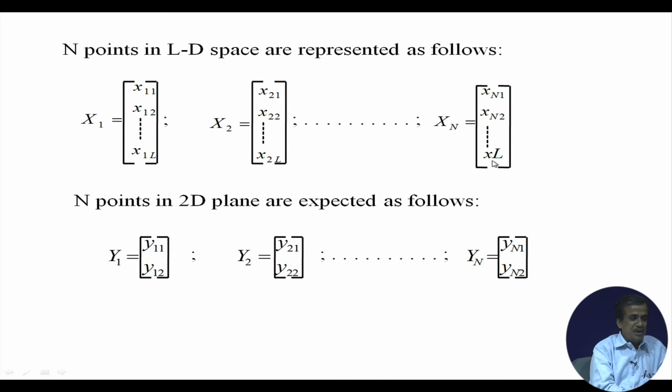This should be x subscript capital N capital L. Similarly, the n data points in the 2D plane are represented as follows. Capital Y 1 is y 1 1, y 1 2, then Y 2 is y 2 1, y 2 2, then Y n is y n 1, y n 2.